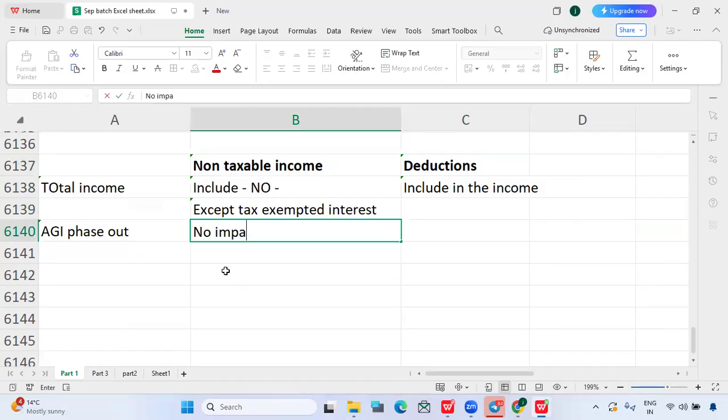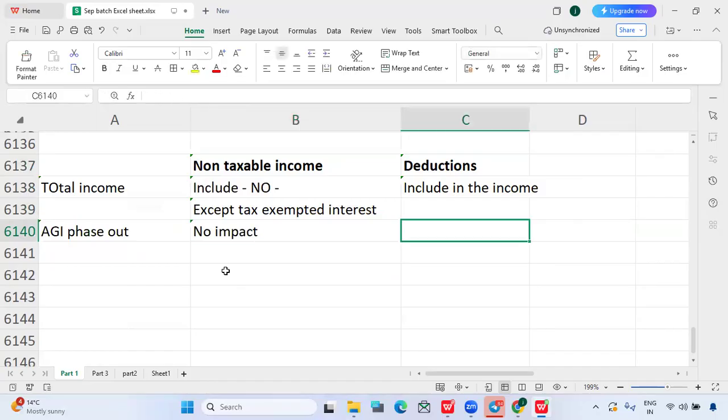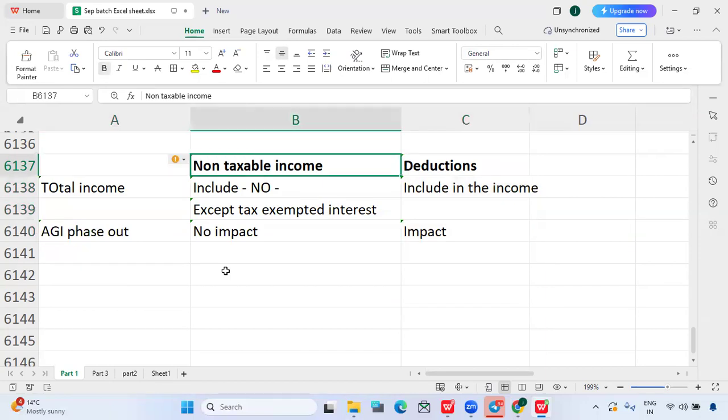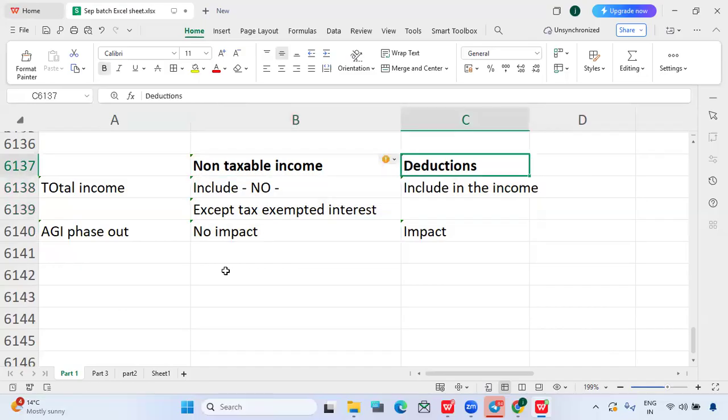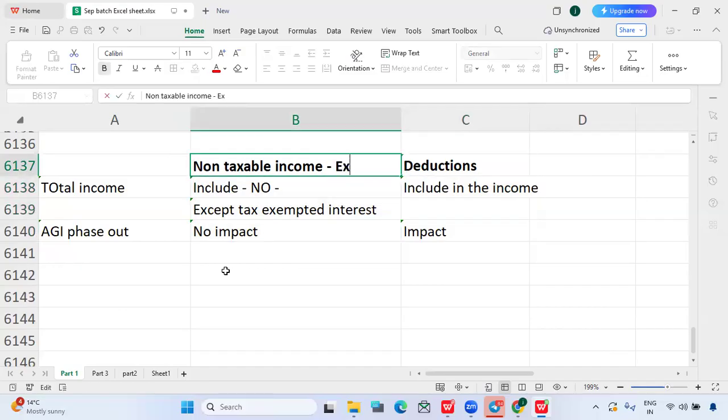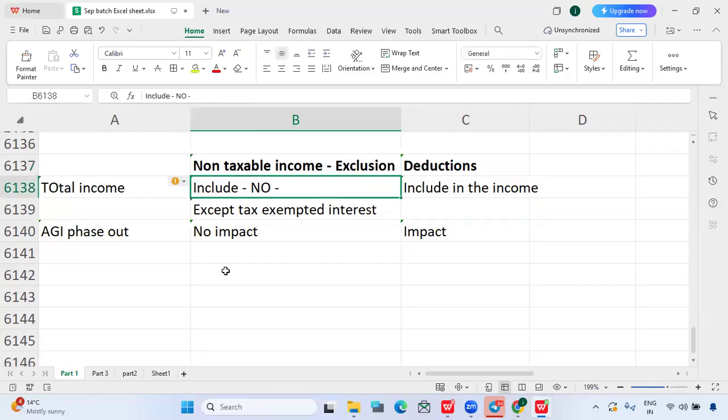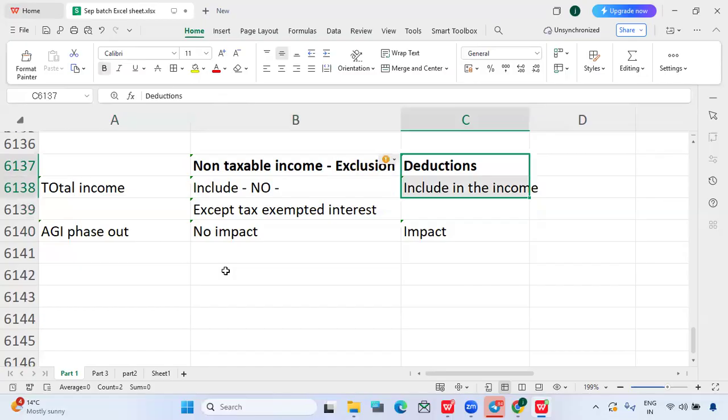Impact is there for deductions. Your deductions are based on your AGI. If your AGI is high, then we cannot claim the deductions. But what about non-taxable or exclusion cases? It is not based on the AGI. It is based on the nature of the income, right? So this is one difference between deductions and non-taxable income.